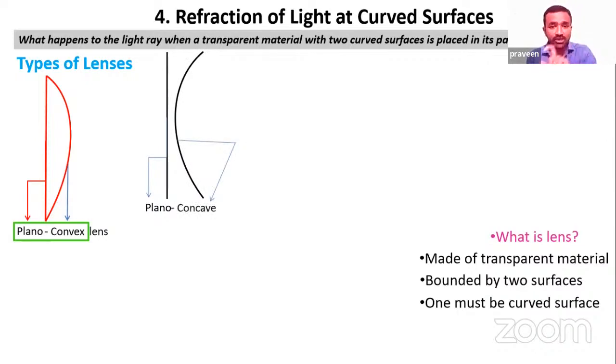So now it is plano-concave. It is bounded by one plane surface and the other concave surface. This type of lens is called a plano-concave lens. It is simple to name these lenses, based on the two surfaces.